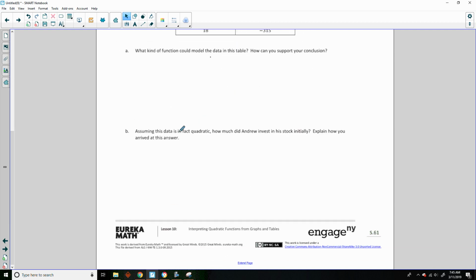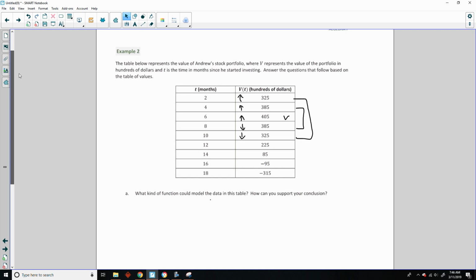Part B says, assuming the data is in fact quadratic, how much did Andrew invest in his stock initially? Explain how you arrived at that answer.